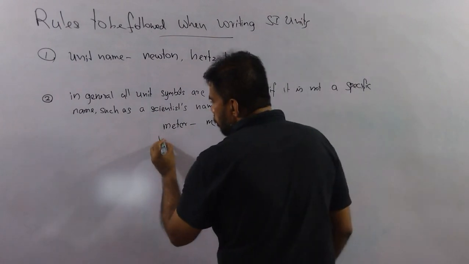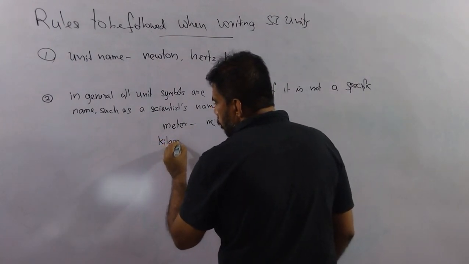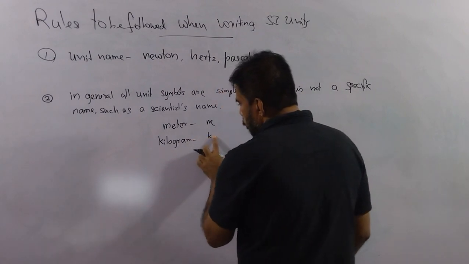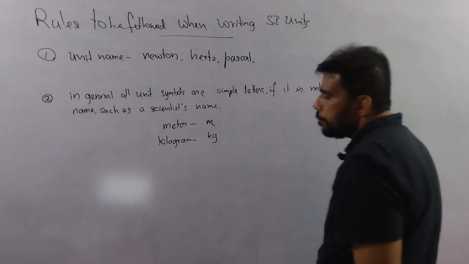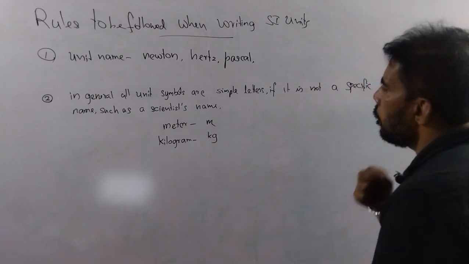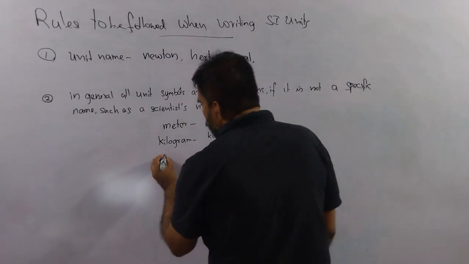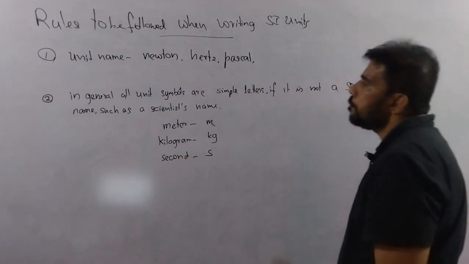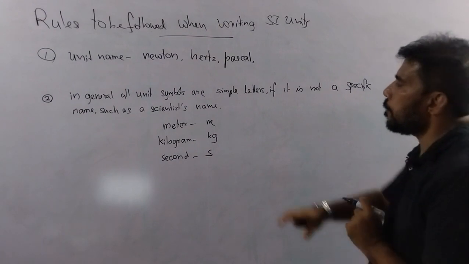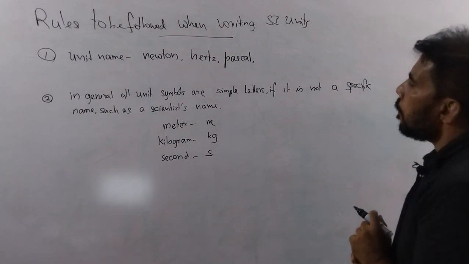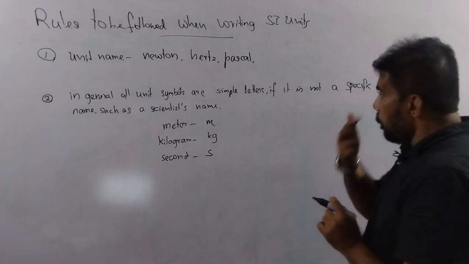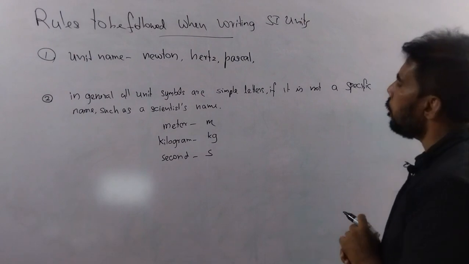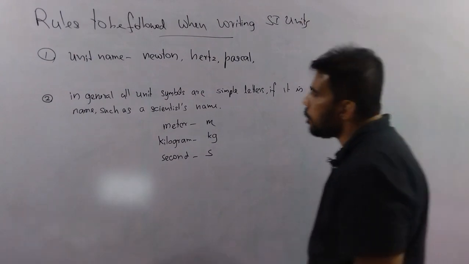Kilogram, symbol is kg. And second, the symbol is simple s. That is the third rule. In general, unit symbols are simple letters if it is not a specific name.